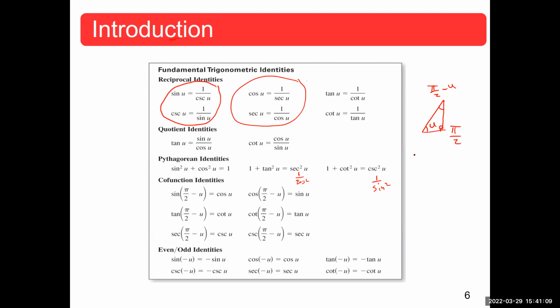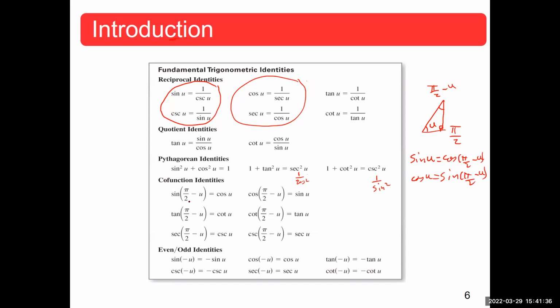Then if I say sine of u, that's also equal to cosine of pi over 2 minus u. If I say cosine of u, that's equal to sine of pi over 2 minus u.